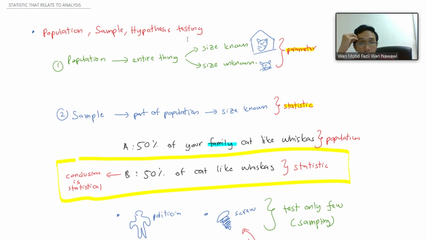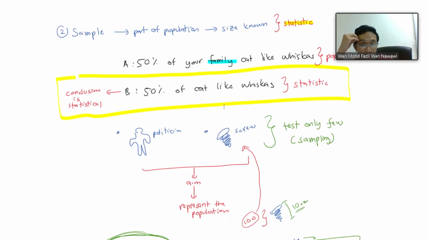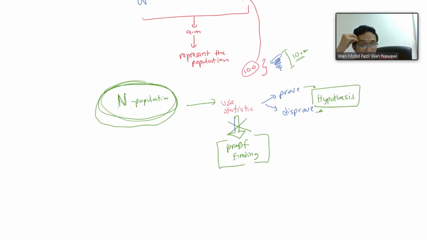Now, what is the hypothesis? This may be quite abstract for you, but when you perform the statistical analysis in DOE, that is basically what they do. They want to either prove or disprove the hypothesis that you put.